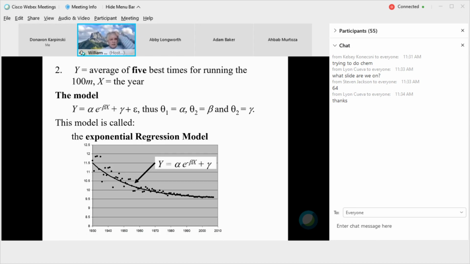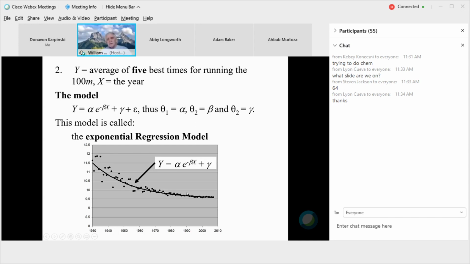Another example. Suppose y is the best times for running the 100 meters. X is the year. There's a graph of x and y over the years. This is an exponential regression model. The curve here is an exponential curve.